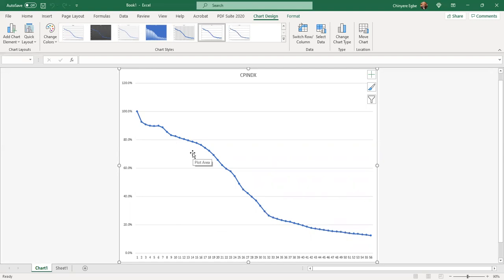Now, when you look at this index from the data, you can see that this is a simple index, okay? It is not an aggregate index. It is not a weighted aggregate index. It is just a simple index. And I just want you to get your hands a little wet in the computation of a simple index, okay?